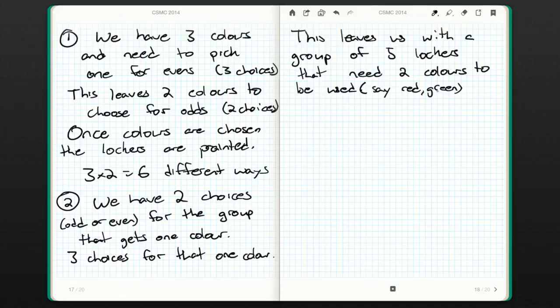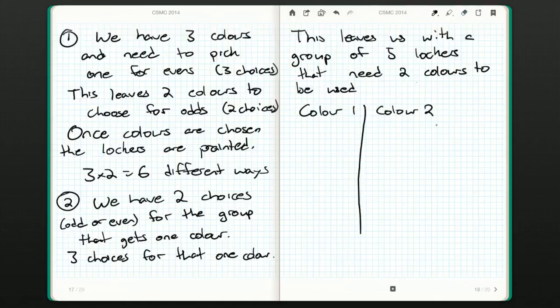So we're going to say, actually no, let's call them color 1 and color 2. So we have 5 lockers.